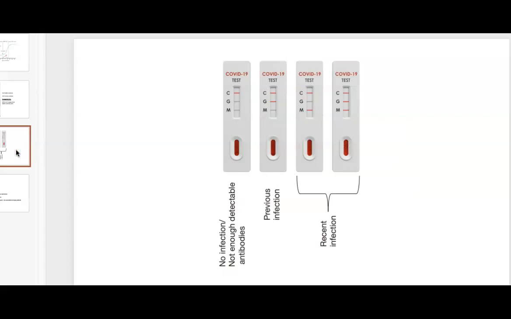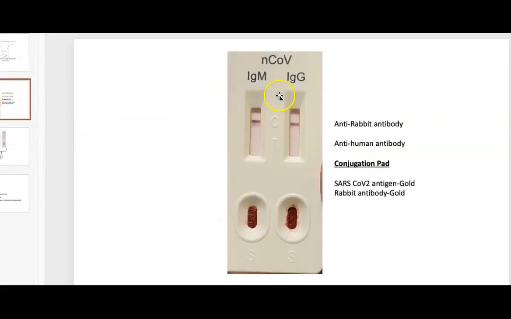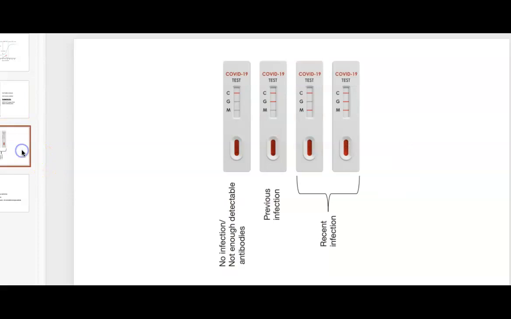Here's a little bit more of an overview of the results. In this particular case, you have the control well, and the rabbit band is present in all of these, so they're all reliable. In this assay, there's no IgG and no IgM. I should point out that this particular test does IgG and IgM in the same lane, whereas in this particular assay, there are two separate lanes in this cassette.